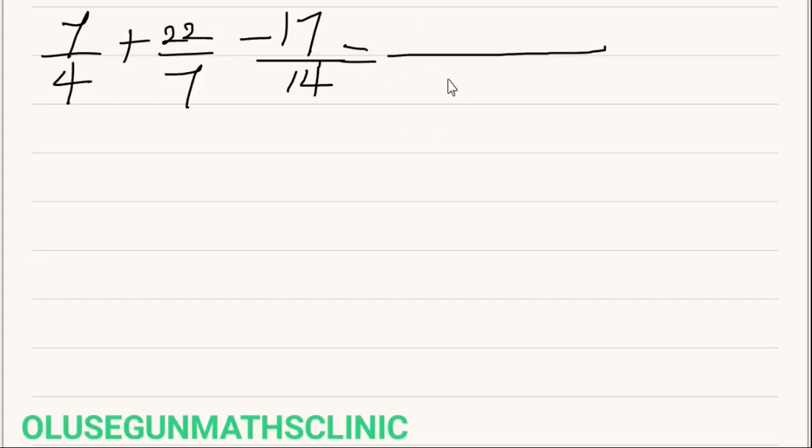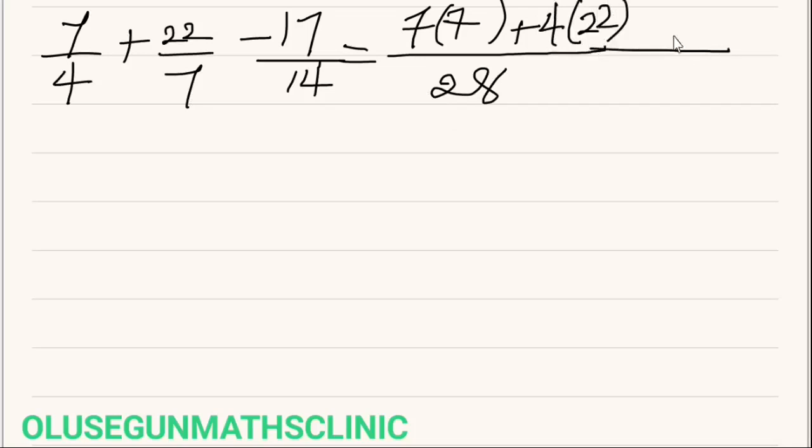So 4 in 28 is 7, so we have 7 times 7, plus 4 in 28, we have 4, 4 times 22, minus 14 in 28, we have 2, 17 times 2.